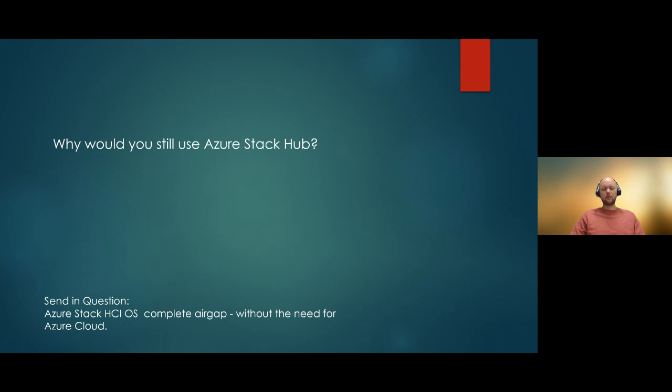So maybe a little recap for people that don't know Azure Stack Hub. Azure Stack Hub is like the on-premises cloud platform, which is actually a copy of Azure in your data center. So you also get the Azure ARM layer. You have closed systems delivered by the vendors.